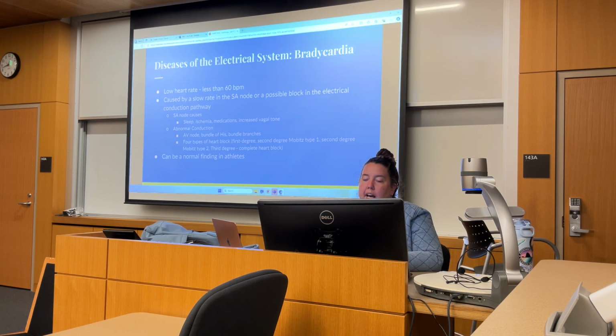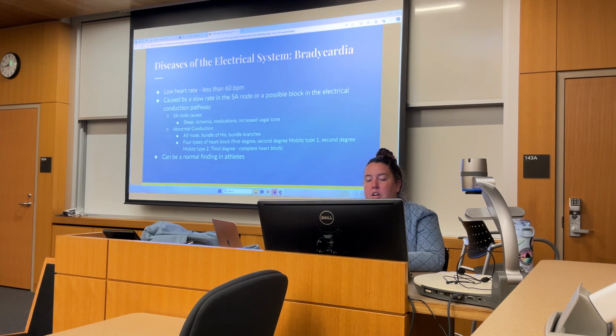And then you could have ectopic pacemakers, which we will also go into, where the SA node isn't firing the way that it should. And so the ectopic pacemakers in other areas of the heart begin to fire, and they have slower rates. We will get into that. There are also 4 types of what's called heart block: 1st degree, 2 types of 2nd degree, and a 3rd degree.